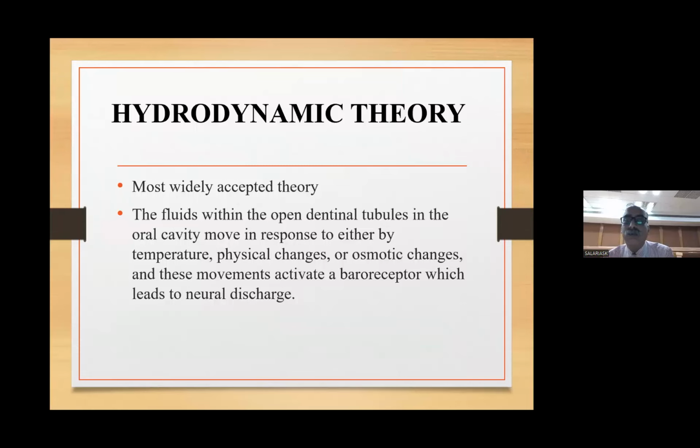And when there are certain physical, temperature, or osmotic changes in the oral cavity, the fluid movement gets disturbed and moves in or out. When it moves out from the pulp side towards the root surface, sensitivity to cold takes place. And when it moves towards the pulpal side, that means heat sensitivity takes place.